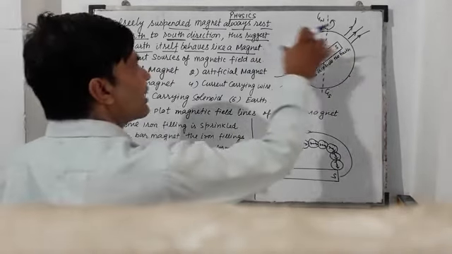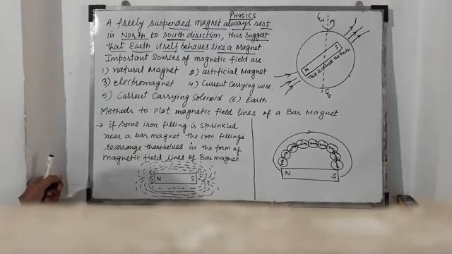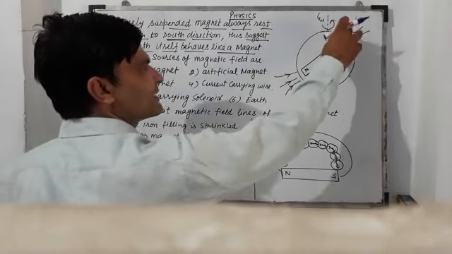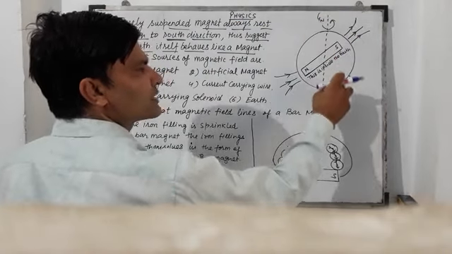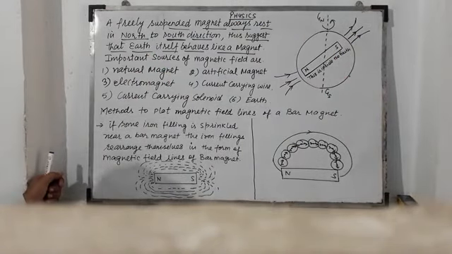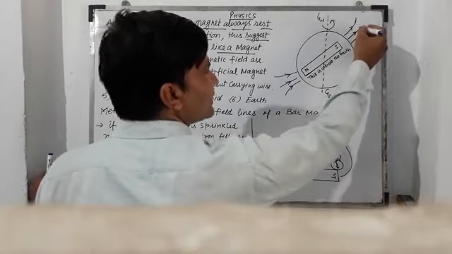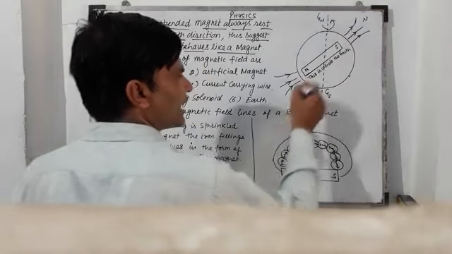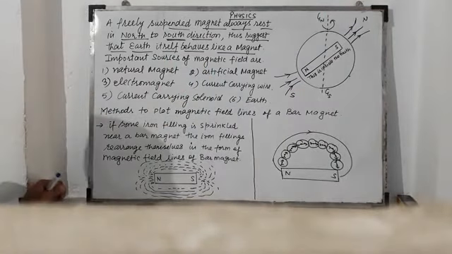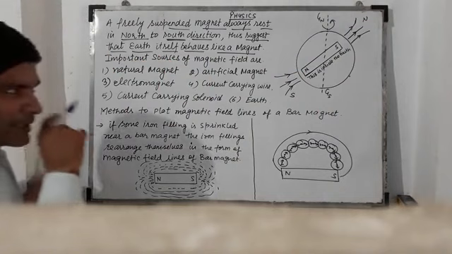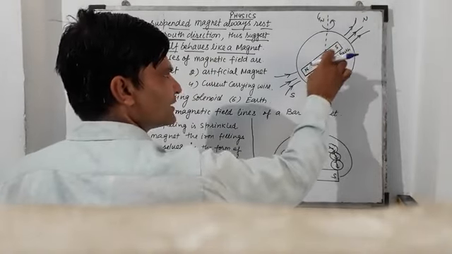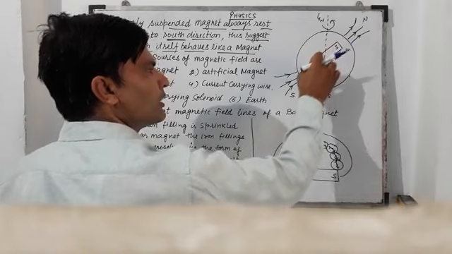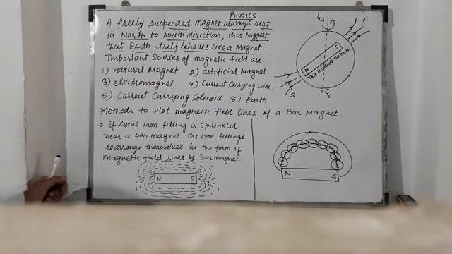Then a freely suspended magnet rests in the north to south direction. So these lines are generated, starting from north and ending on south according to geographic directions. And according to this, they start from south and reach north, opposite to the magnetic field of a magnet.